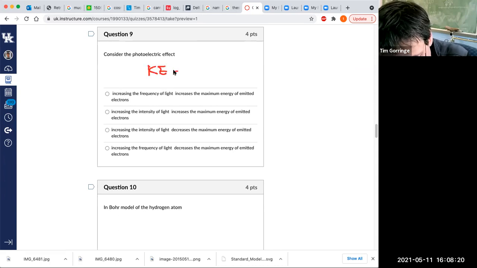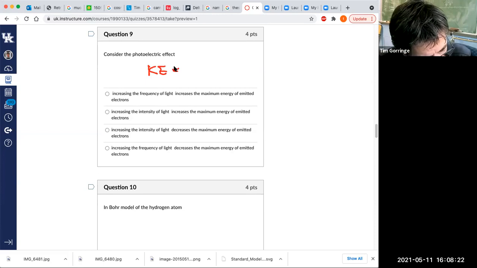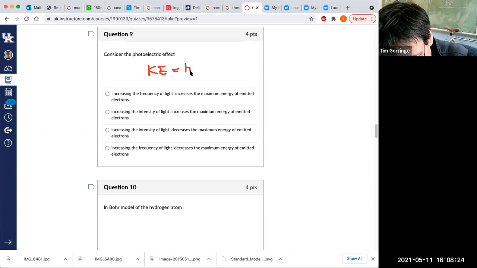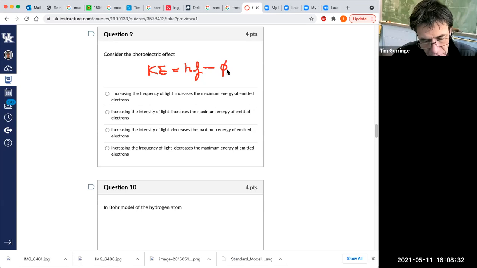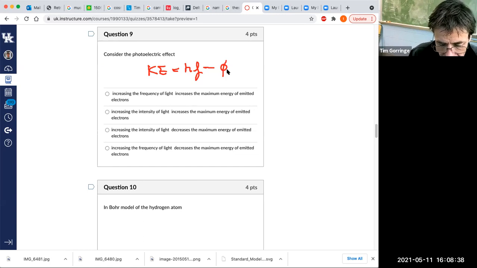So the kinetic energy of the liberated electrons is related to the frequency of the light, f is the frequency of the light, and the work function of the metal. Phi is the work function of the metal. And so this is the equation that describes the photoelectric effect.